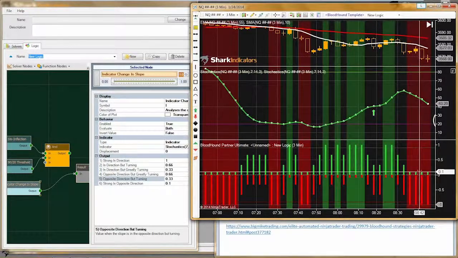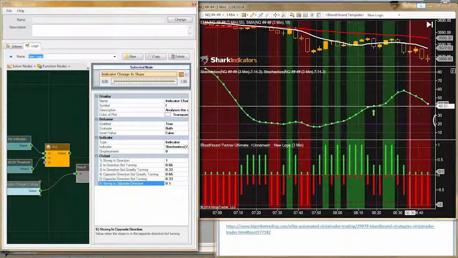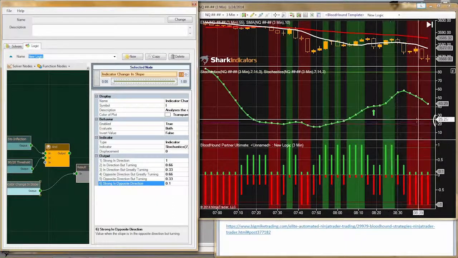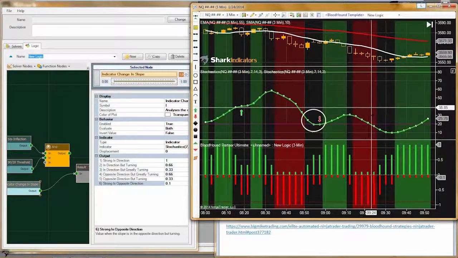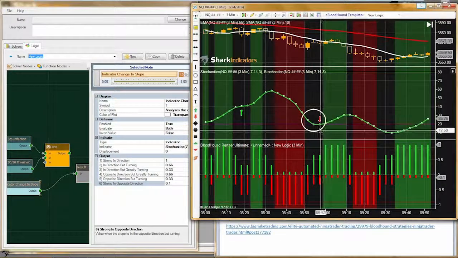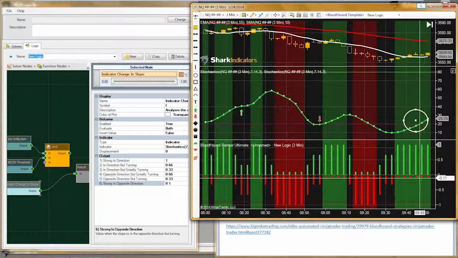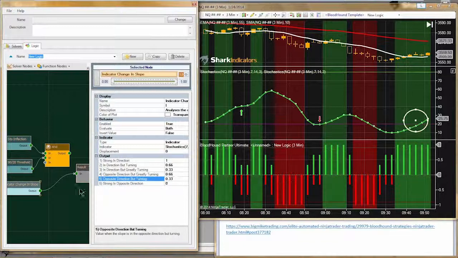Whatever value I put in here is what we'll get on the long side, because remember this says opposite direction. So the long output is opposite of a downslope. And then of course, when the stochastic is sloping up over here, now we're getting this -1 on the short side based on this. So I'm going to put that back to 0.